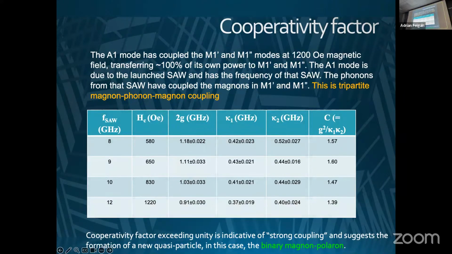What's special about this configuration that gives you that strong coupling? Okay, so why we see that strong coupling and we don't see it always has to do with the fact that in this particular case, we could match three things. We could match the magnetic field, the frequency of the magnons, that happened to coincide with the frequency of the surface acoustic wave, right?